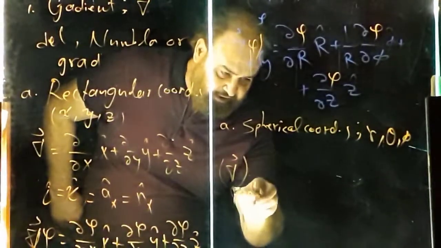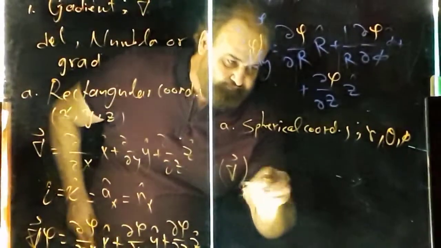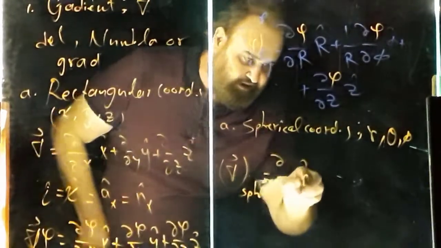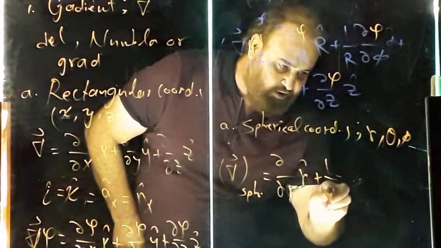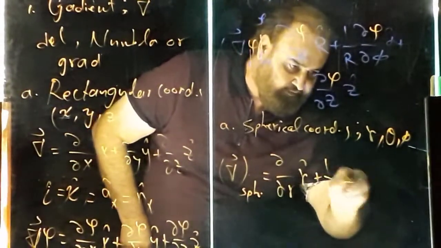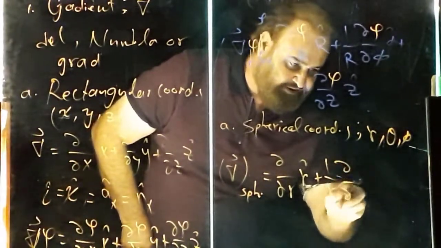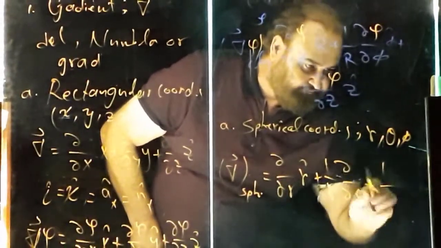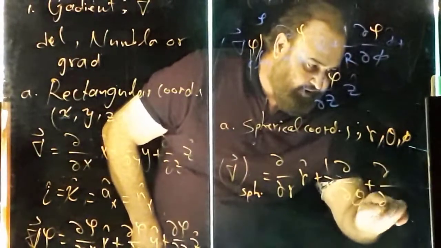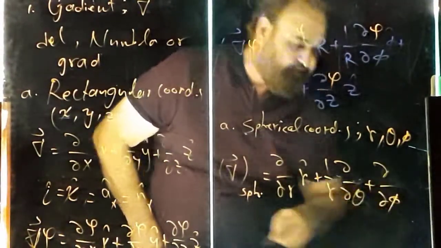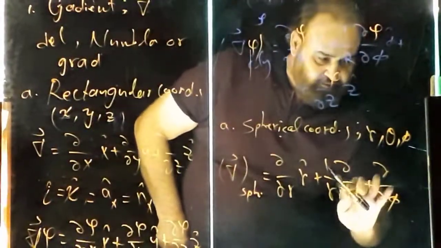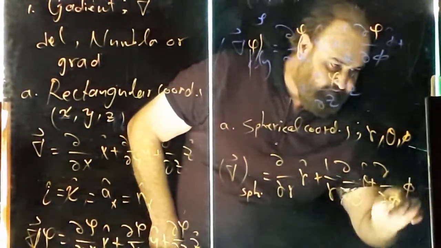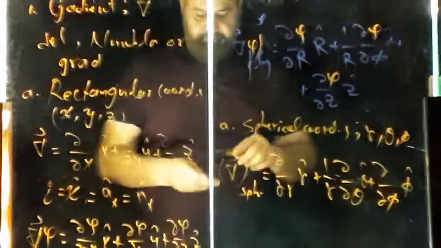In spherical coordinates, it is the partial r, r hat, plus 1 over r partial theta, theta hat, plus 1 over r sine theta partial phi, phi hat.